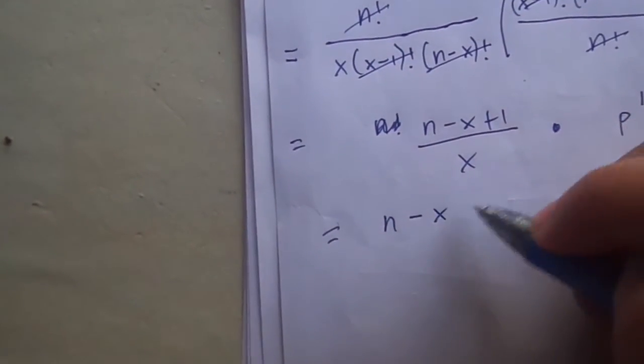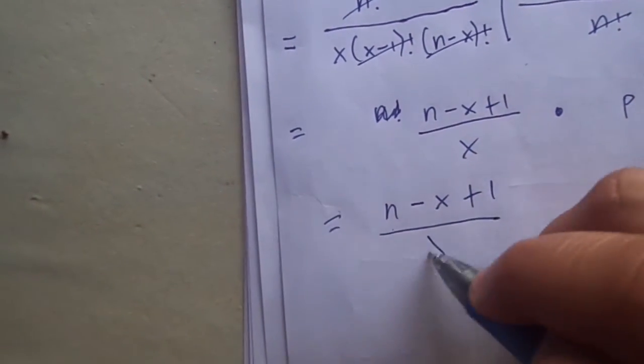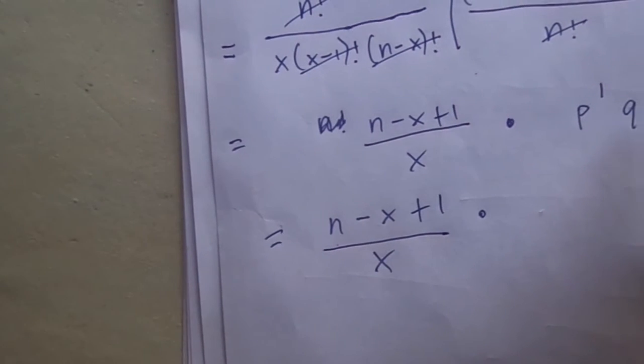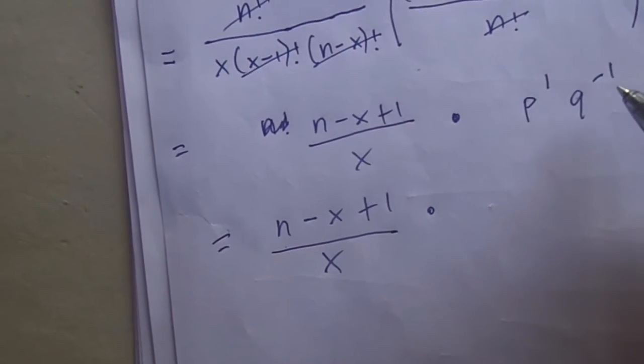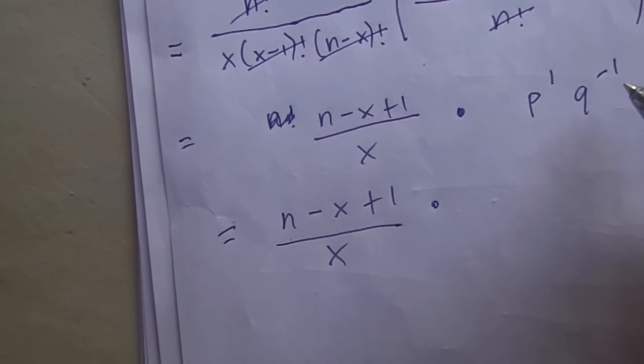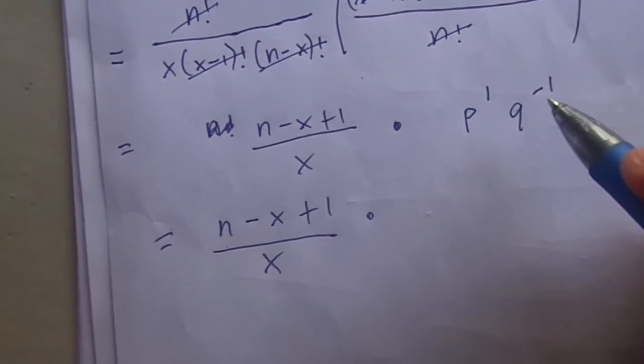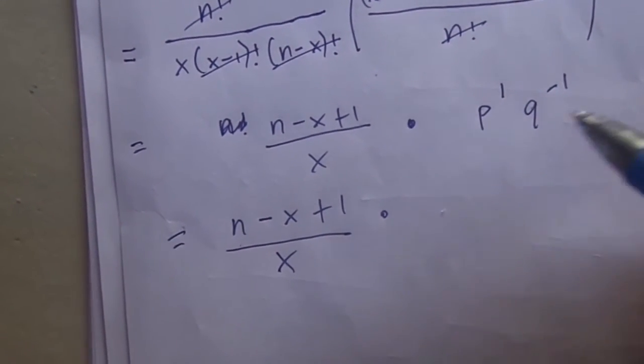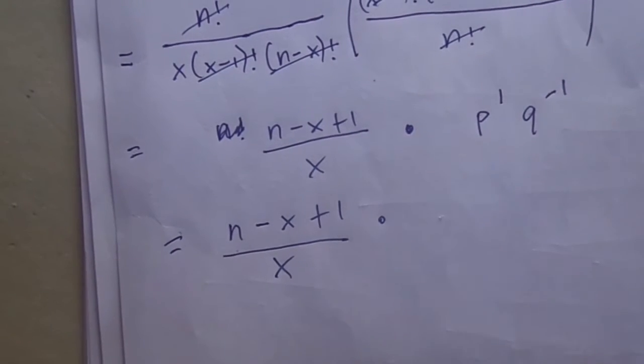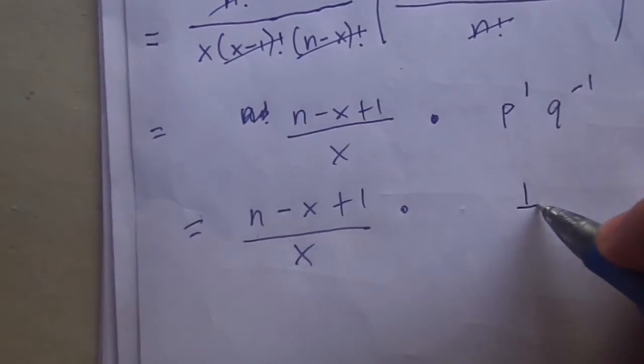So n minus x plus 1 over x times, by the law of exponent, the negative exponent, we have the inverse, for example, q to the power of negative 1 is equal to 1 over q.